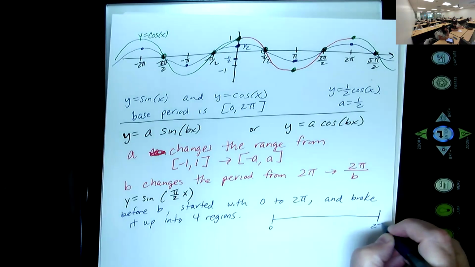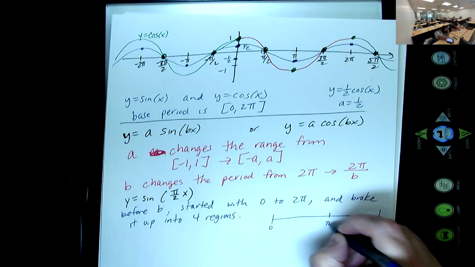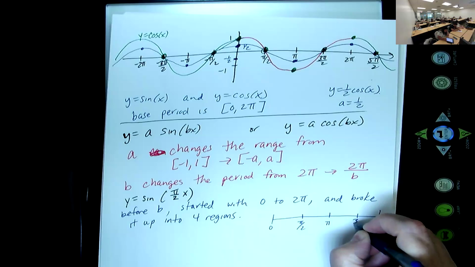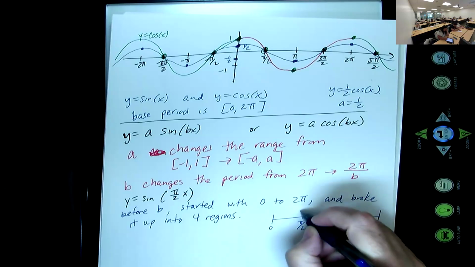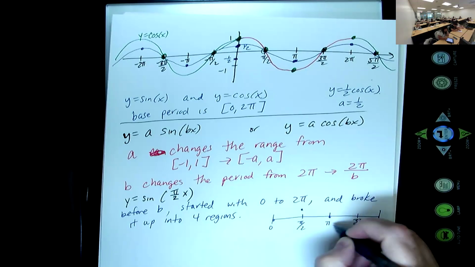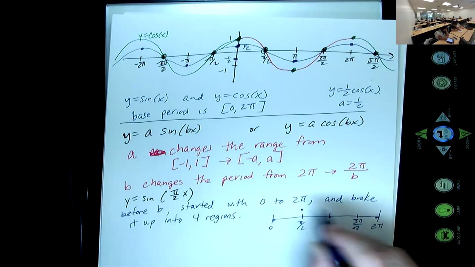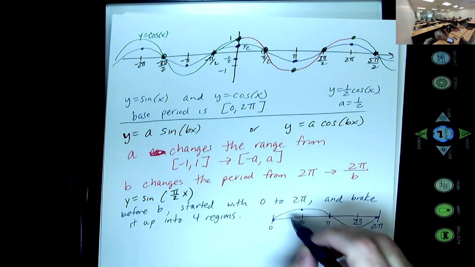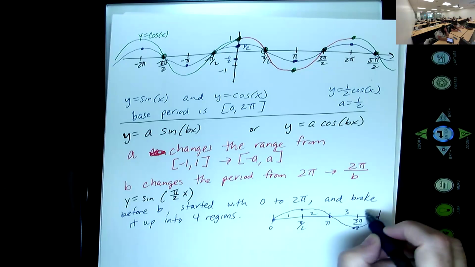Zero to pi, pi over 2, 3 pi over 2. And we did our graph. So we broke it up into 4 regions. Region 1, 2, 3, 4, like our quadrants.